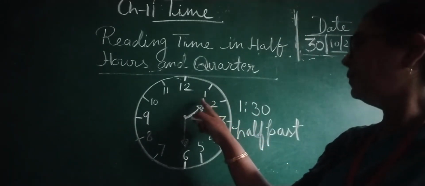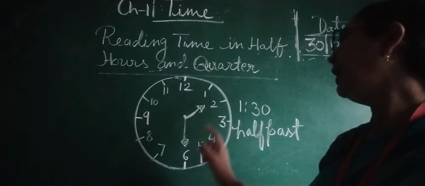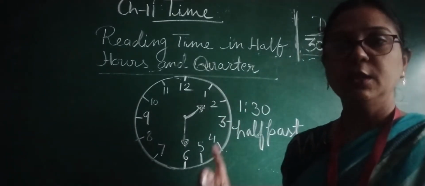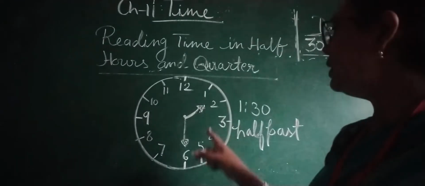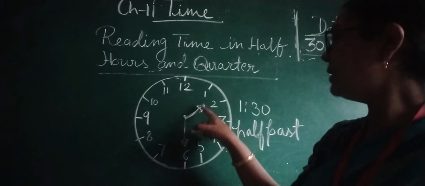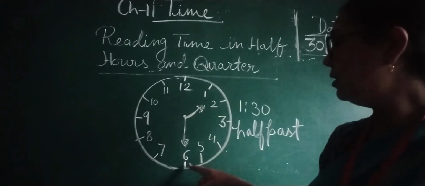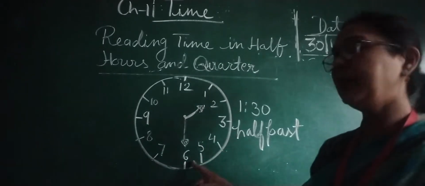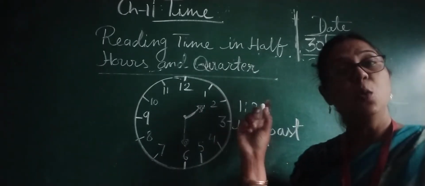This is a little past 1 and a little before 2. So it is in between. If it is in between, we will say it is at 1, and the bigger hand, the minute hand, is at 6. So it means 1:30.